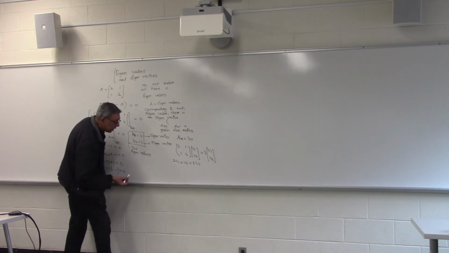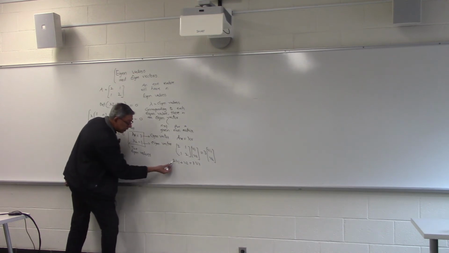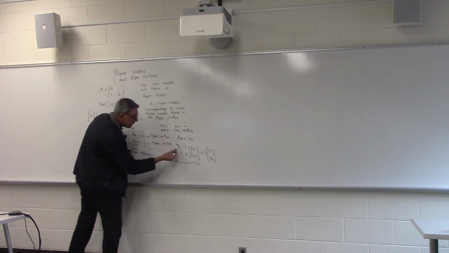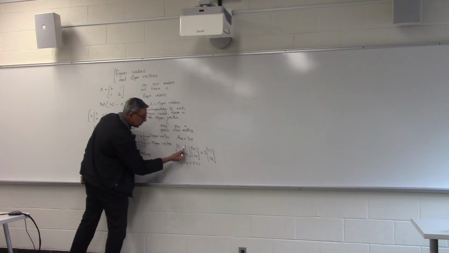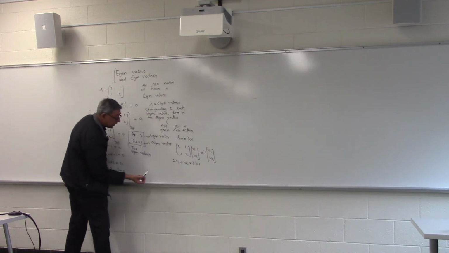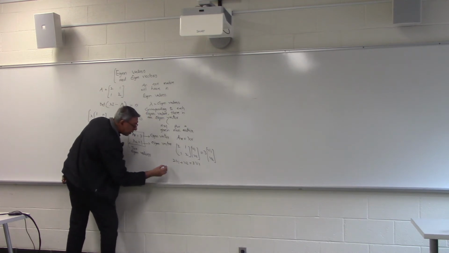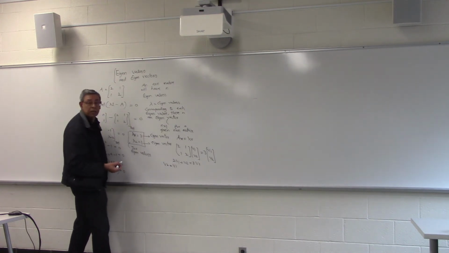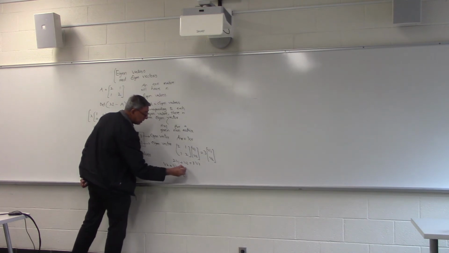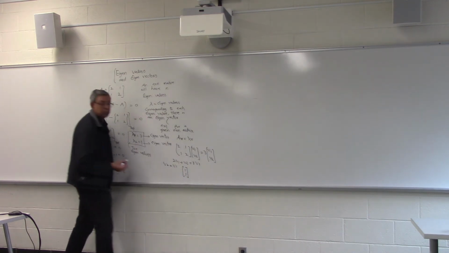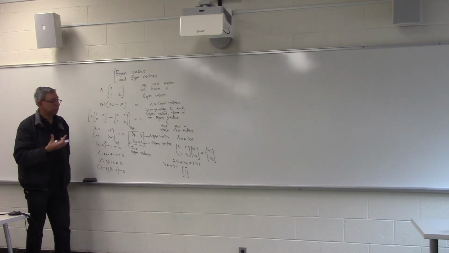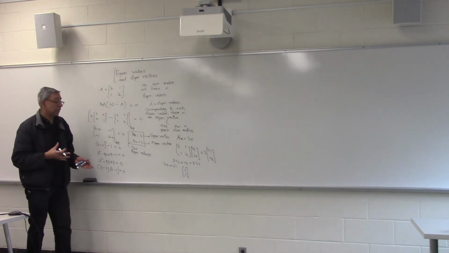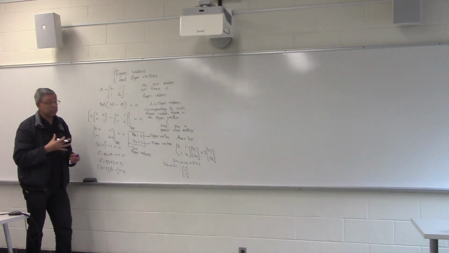Did I do it right? 2B1 plus B2 equal to 3B1, right? So anyway, B2 equal to B1, so one possibility for this eigenvector will be just 1 and 1, or 2 and 2, or 3 and 3, whatever. By the way, eigenvectors are not unique.